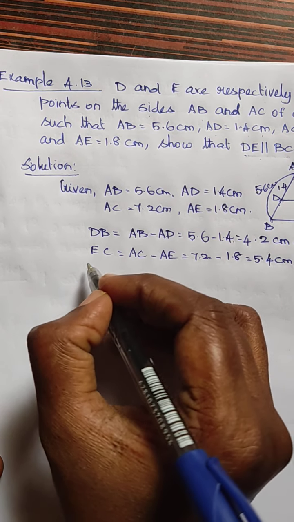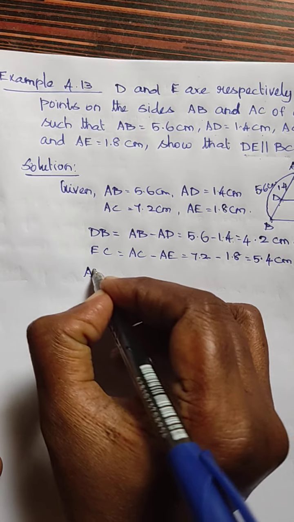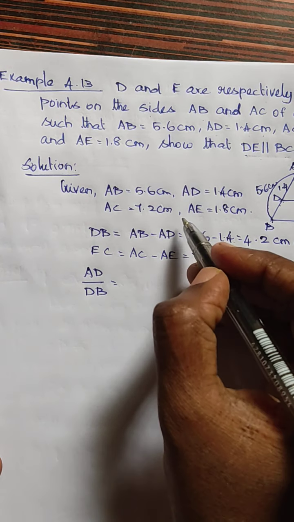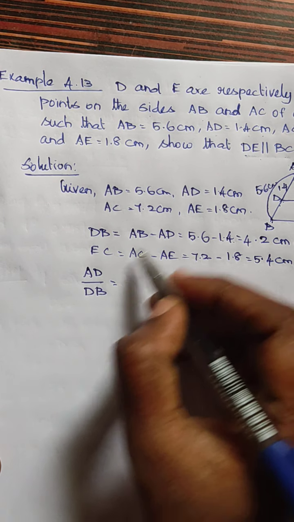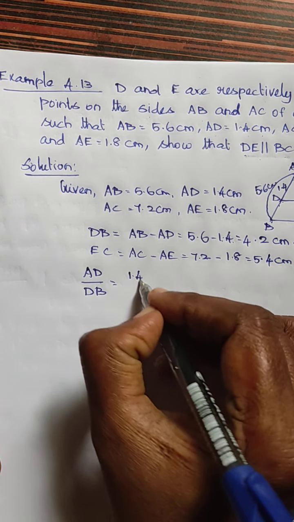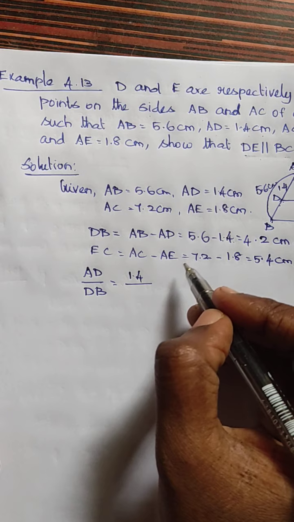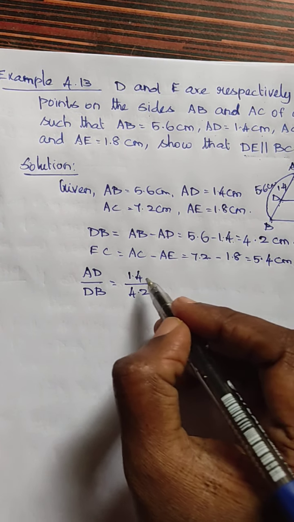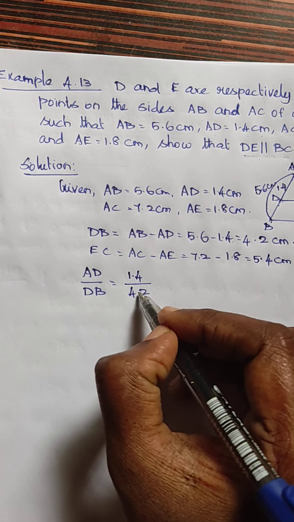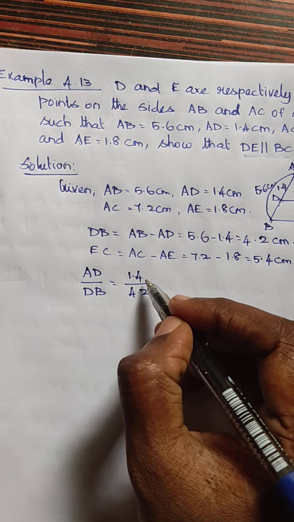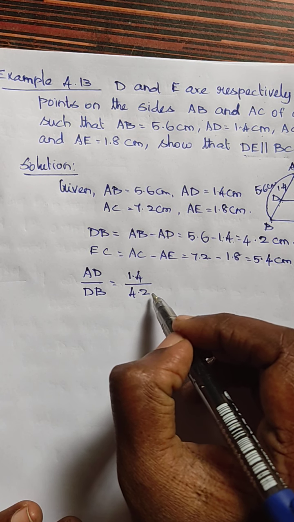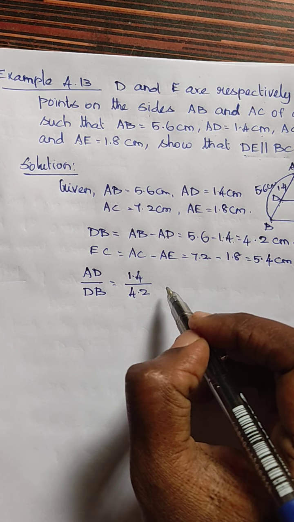Next, we have to find out the ratio AD by DB. AD by DB equal to AD is 1.4 centimeters, so 1.4 by DB, DB is 4.2 centimeter. So, in the numerator and the denominator, decimal numbers are there. So, we have to multiply both the numbers by 10 to make them whole numbers.